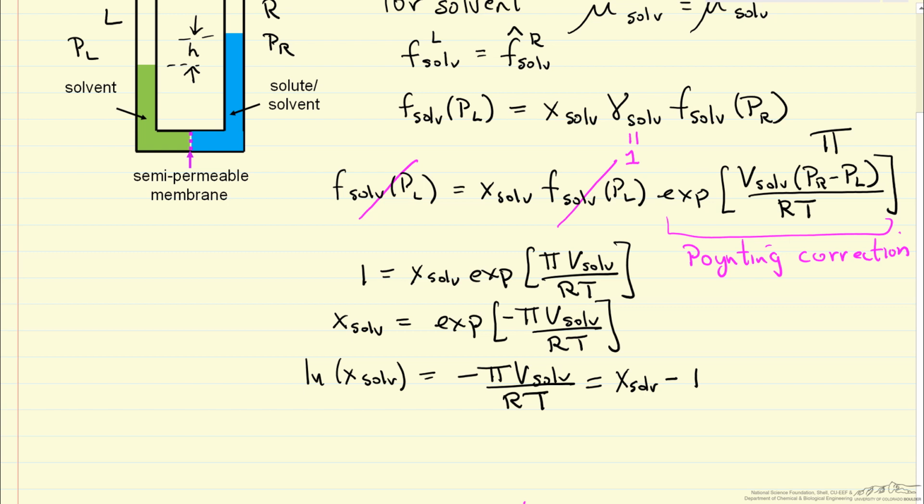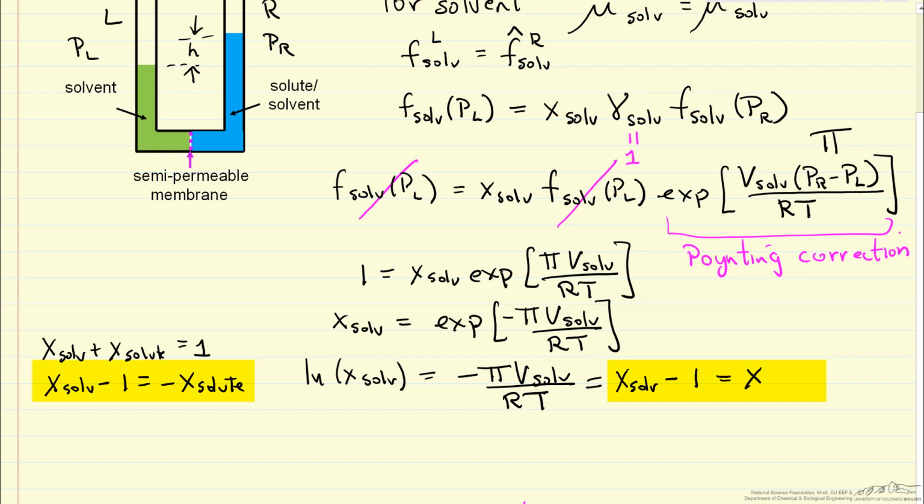And so let's make that substitution, and then realize that the mole fraction of the solvent plus the mole fraction of the solute must add to 1. So if I say mole fraction of the solvent minus 1, that's going to be minus the mole fraction of the solute. So this then is the mole fraction with a minus sign of the solute.